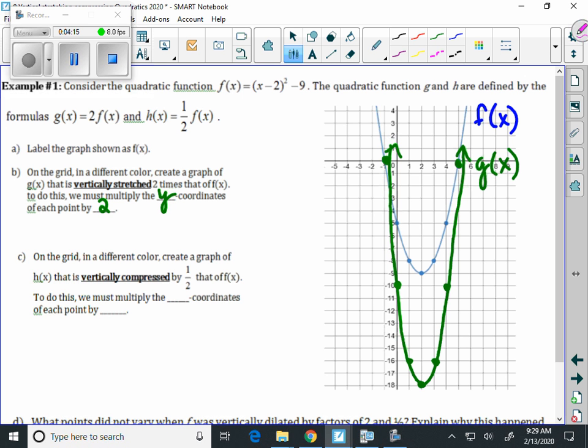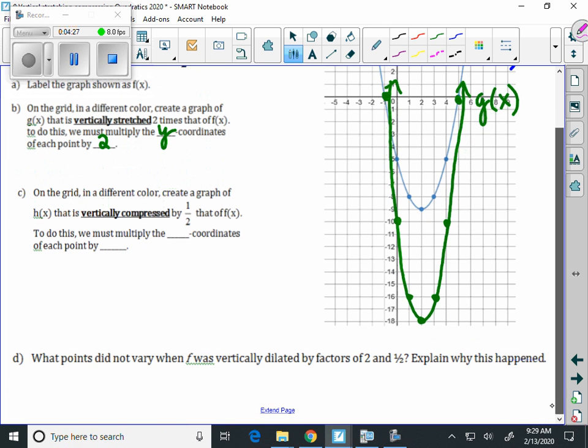So on the grid in a different color, create a graph of h of x that is vertically compressed by 1/2 that of f of x. In order to do this, we're still going to take the y coordinates of the original graph, and this time we're going to multiply each point by 1/2. So it's the y value.